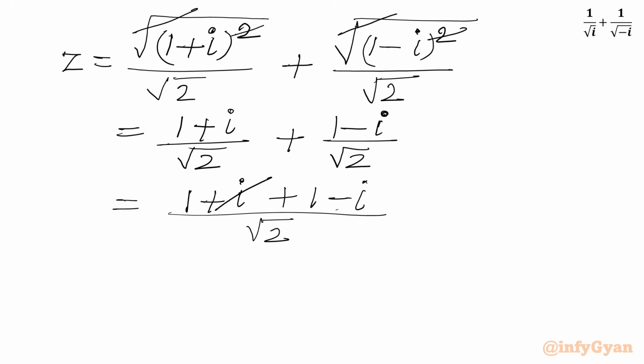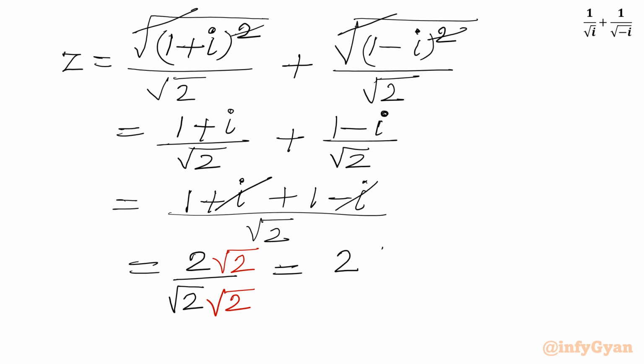Now plus i and minus i will be over. We can write 2 over square root 2. Now we will rationalize our denominator. So we will multiply with square root 2 in the numerator and denominator. This will become 2 square root 2 over 2. So 2 and 2 will be cancelled out. We will get our final answer square root 2.